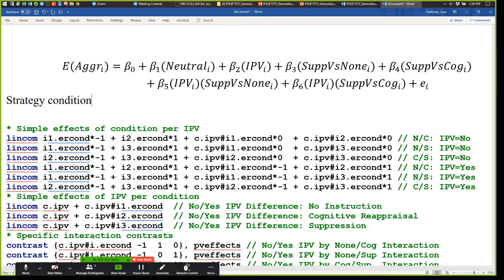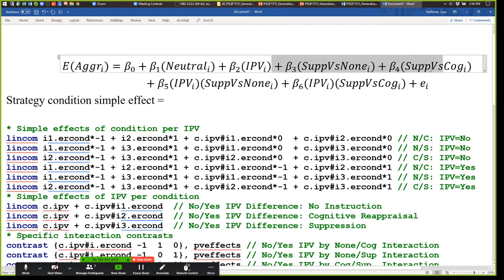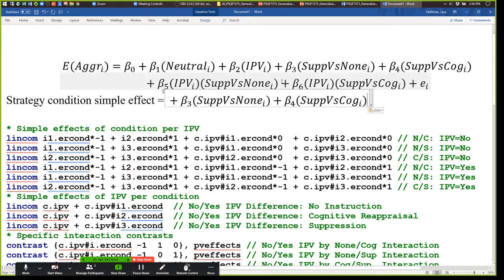Strategy condition simple effect equals. Wherever it's listed. So I need those 2. And I need those ones.